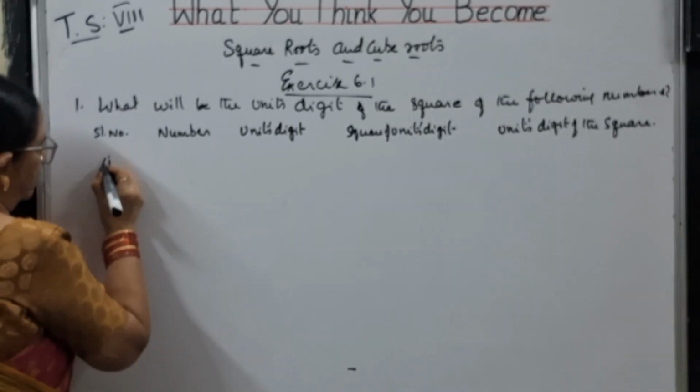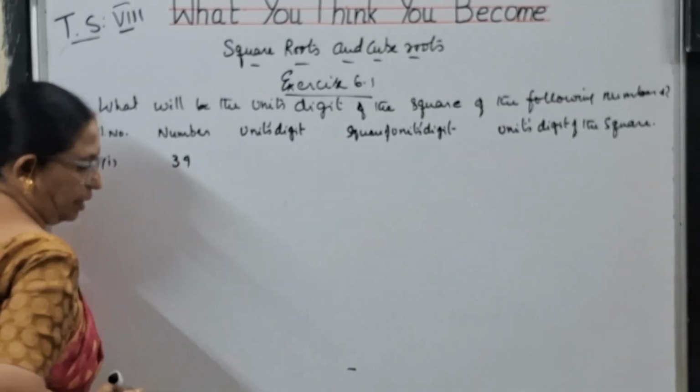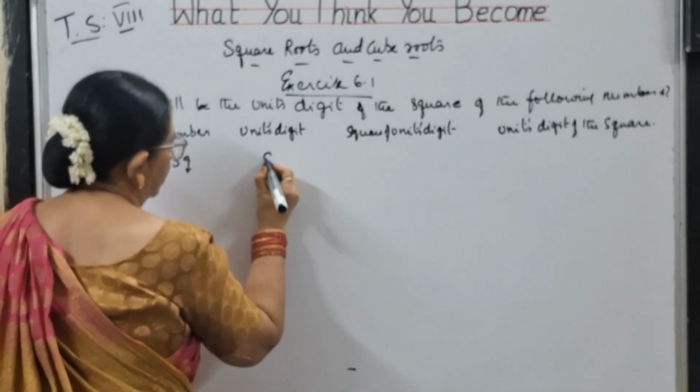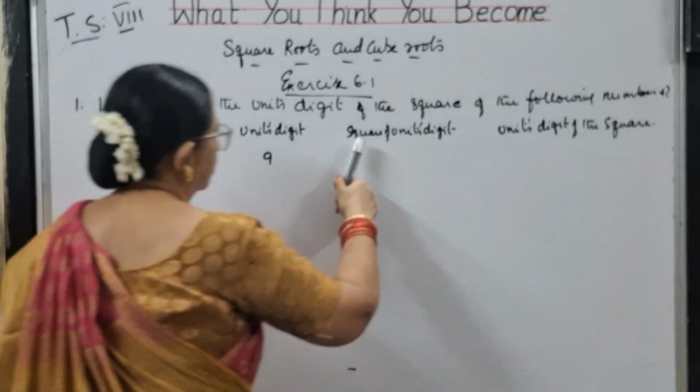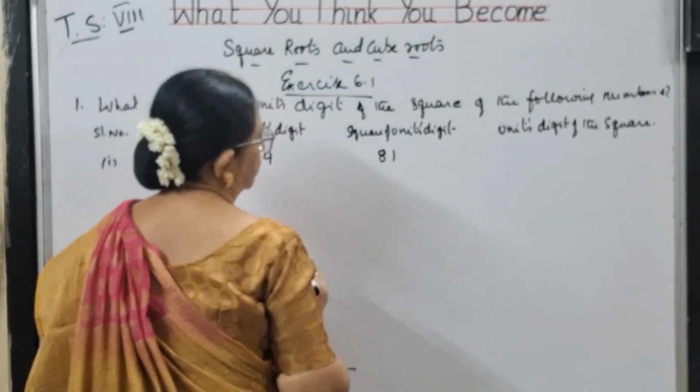The first bit is, you have got the problems. First one, you have got 39. So in this, units digit number is 9. That I am writing here. Next, square of this digit, 9 square is 81.